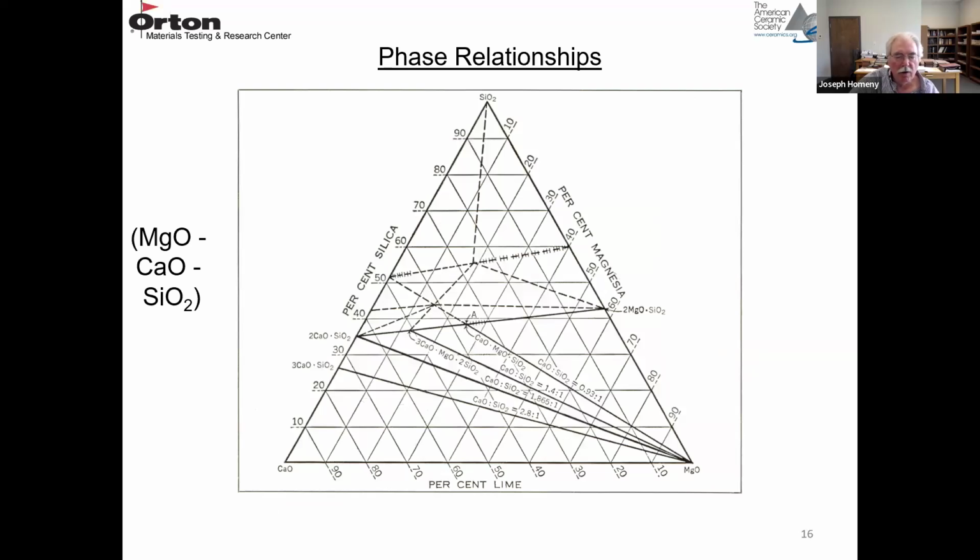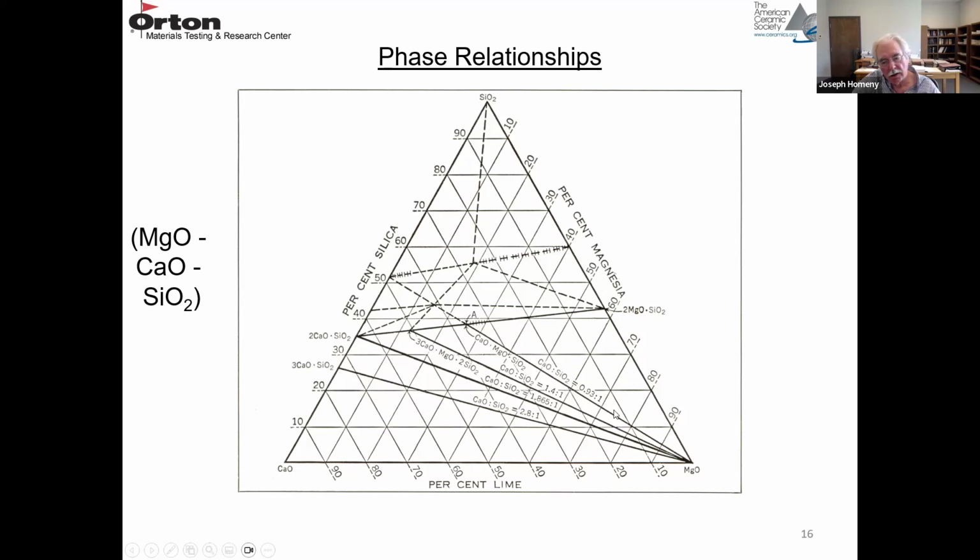So this is kind of a summary of that phase diagram, more of a schematic form. It's SiO2, MgO, and CaO. And now the tie lines are drawn from MgO to monticellite, merwinite, dicalcium silicate, and tricalcium silicate. MgO to CaO is also a tie line, and MgO to forsterite, MgO SiO2, is also one.